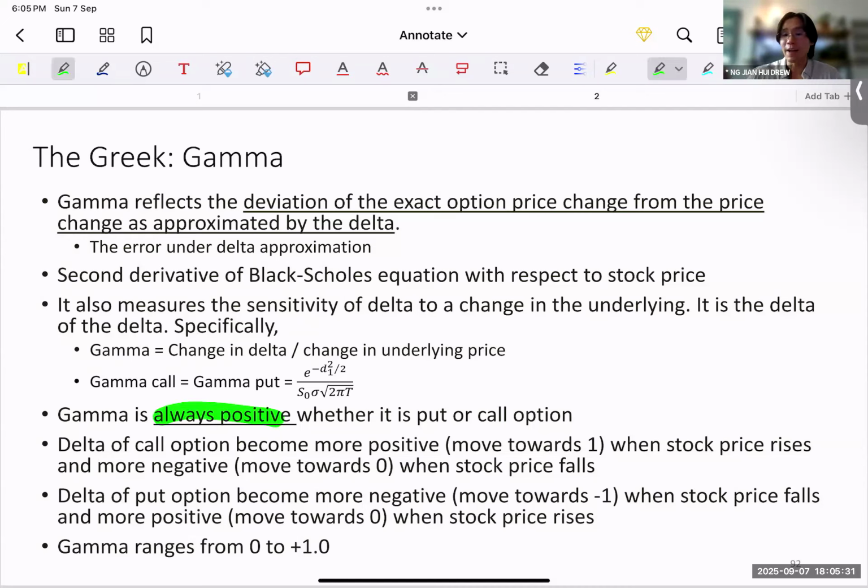Because it's how convex your option price is on the graph. So the delta of the option becomes more positive towards one when the stock price rises and more negative when it falls. This is what we have seen in the graph earlier. So the important thing is, again, I repeat, gamma is always positive.